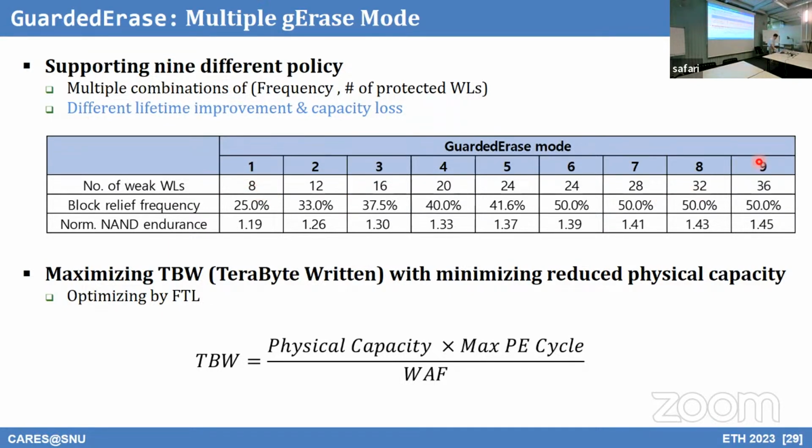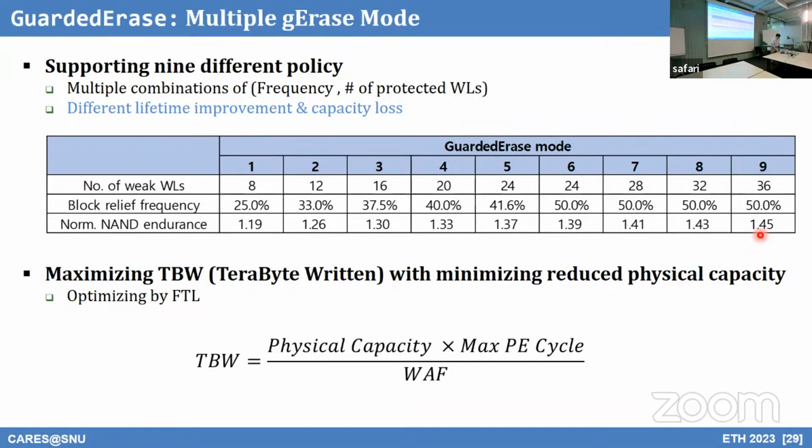But in mode 9, we apply it to 36 word lines. So 36 word lines are made weak, and then what happens is you will have a big drop in capacity, and performance-wise it may have a big impact.